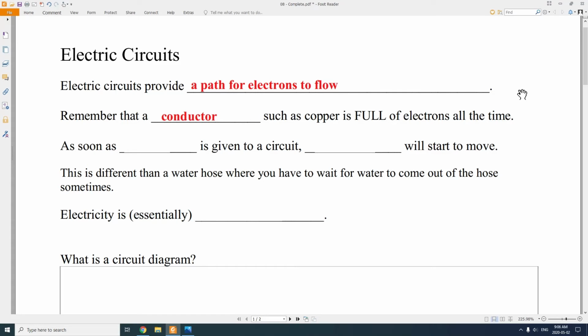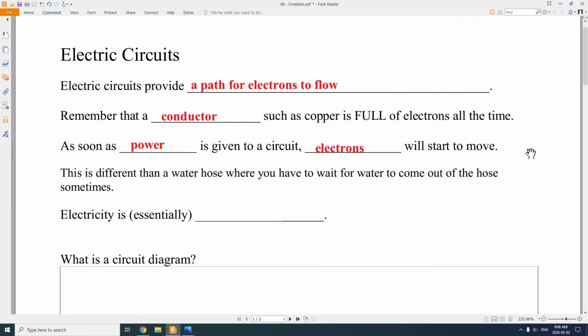So remember that a conductor, such as copper, is full of electrons all the time. As soon as you give power to the circuit, as soon as you connect it up to a battery or the power grid, then electrons will start to move. So you've given them a conductor to move down, they'll start to move. This is a bit different than a water hose, right?